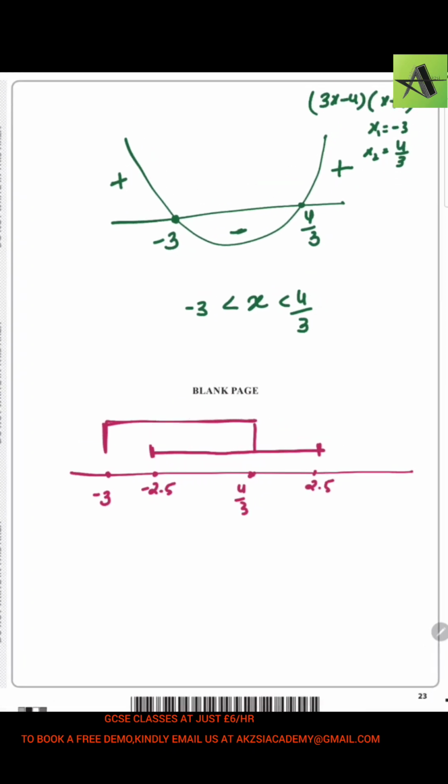So x is all the values greater than −2.5 but lesser than 4/3, because this is the common region. This is our final answer.